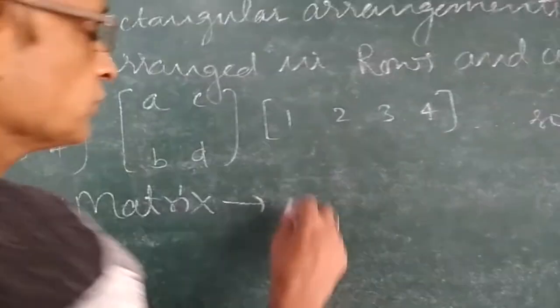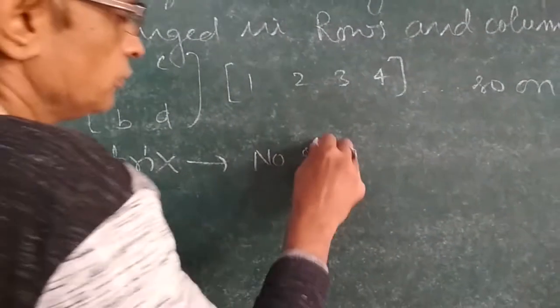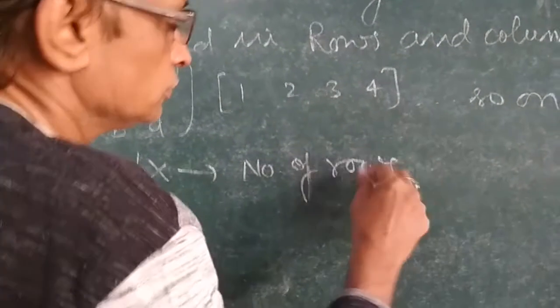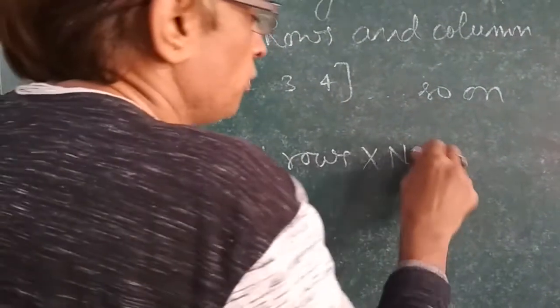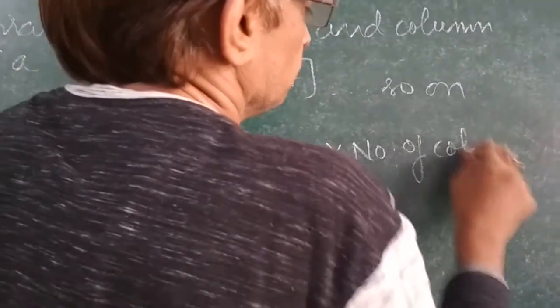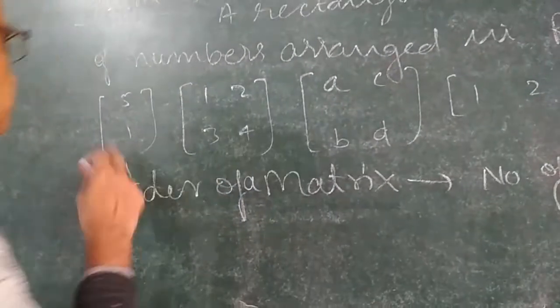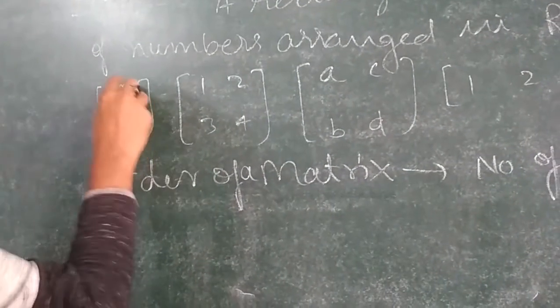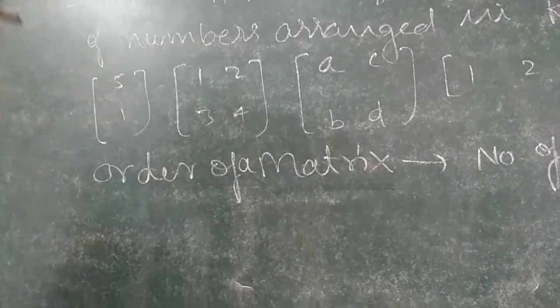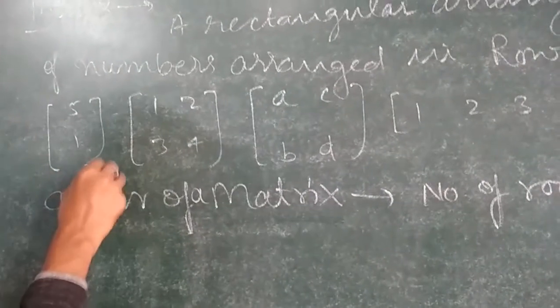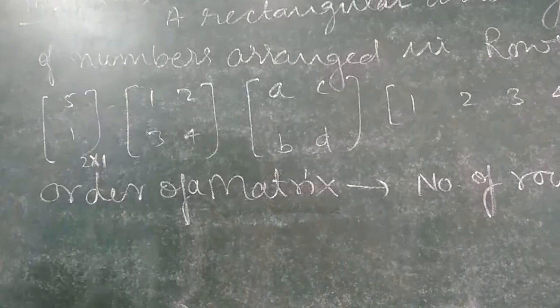So order of a matrix: number of rows multiply number of columns. Suppose I write the order of this matrix, then it has how many rows? 2 rows, 1 column, 2 into 1. So this is the order.